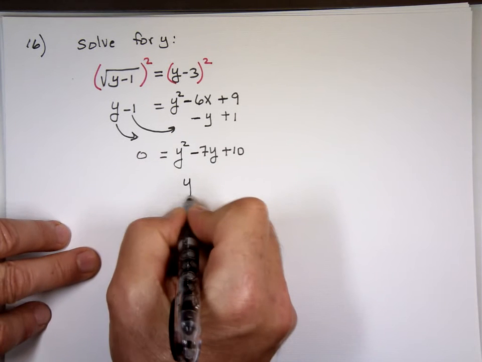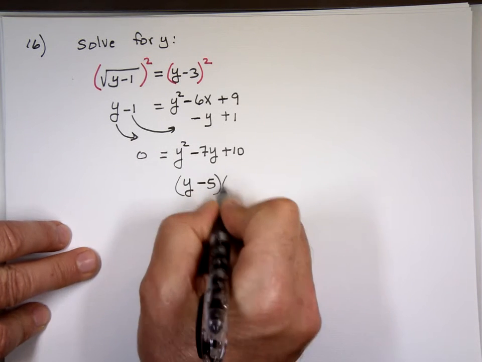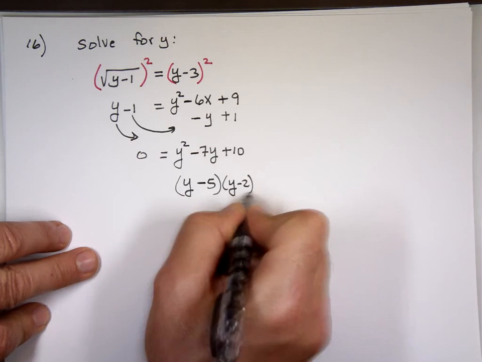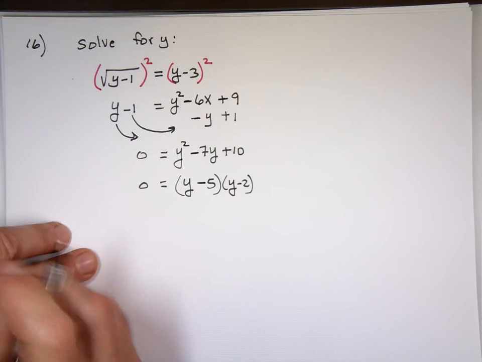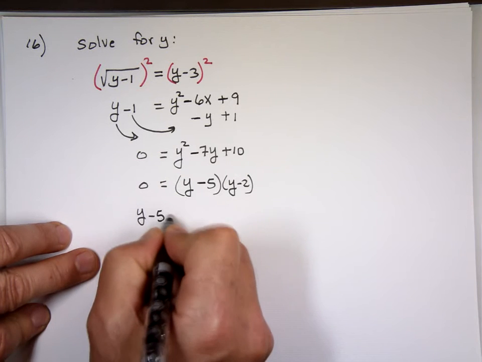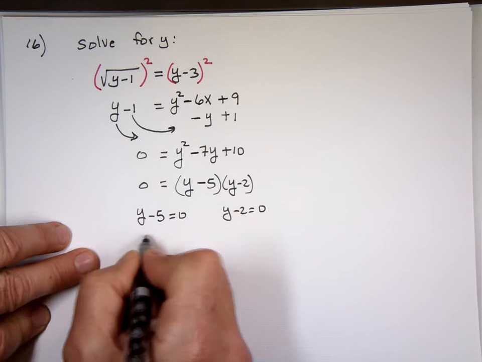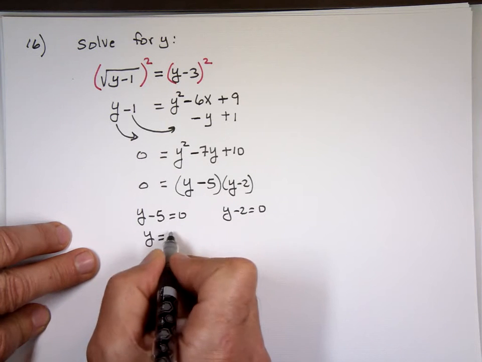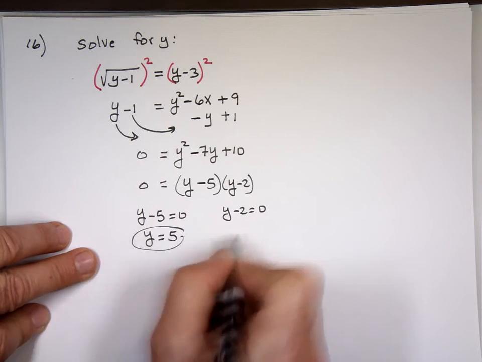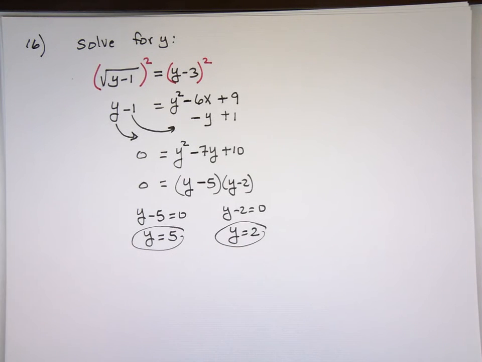Isn't that y minus 5, y minus 2? Set each one equal to 0 and solve it. y equals 5. y equals 2.